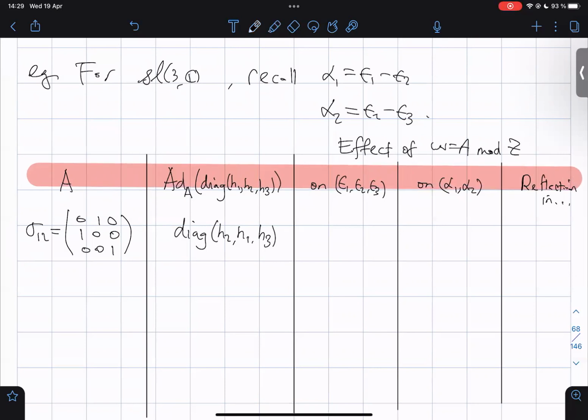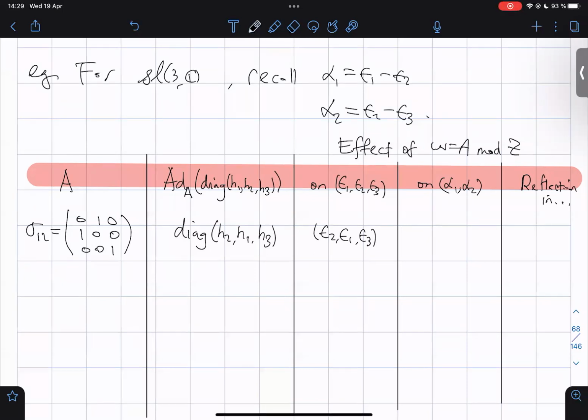So it swaps those entries. What is it doing to the corresponding functionals that act on this? It's going to swap these functionals. There is a step here: you have to induce the action on the dual space.